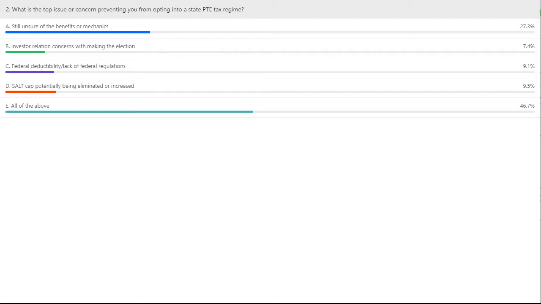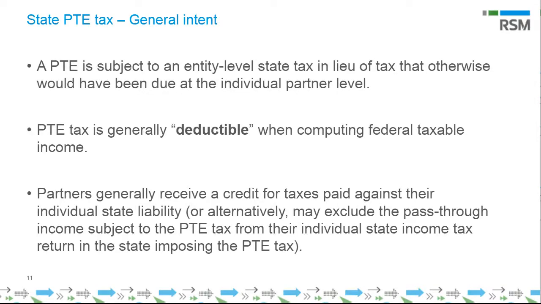But again, hopefully coming out of this today, we'll be able to address or give you some better insight on a lot of these different topics or concerns that we have. So with that, I'm going to throw it over to Dan to talk about some of the general intent of these pass-through entity taxes, and then also some of the considerations to think about as you're going through your analysis.